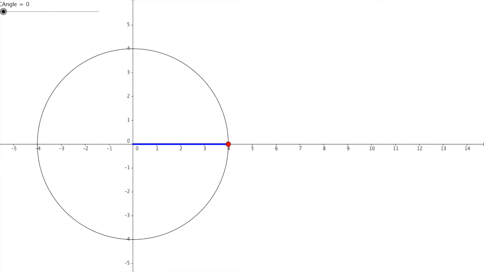All right, so that's 1 second of travel. That would be 2 seconds of travel. That would be 3 seconds of travel. And if you think about it, that would be almost 3.14, pi, which will land it right on the -4 here. So as we move this angle at a constant rate of 1 radian per second, we're getting a location or a speed around the circle that is constant.